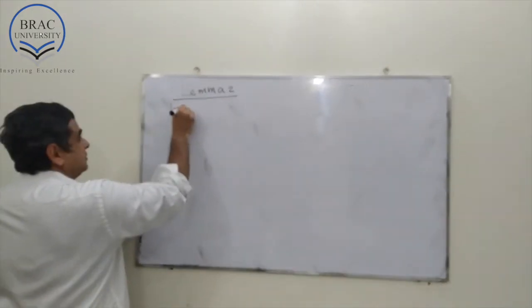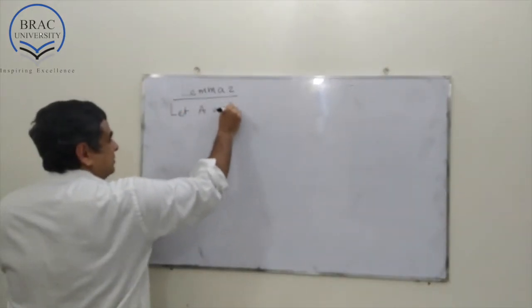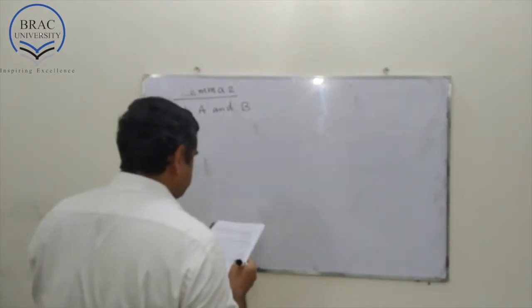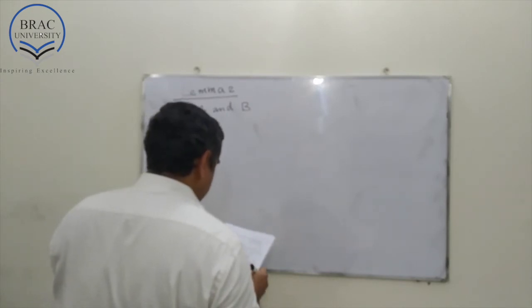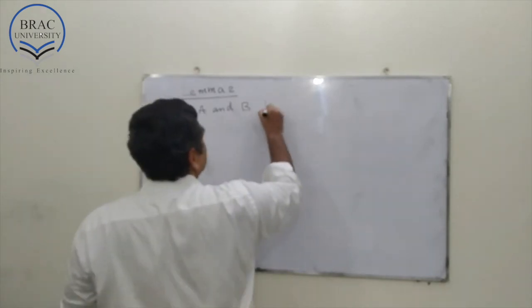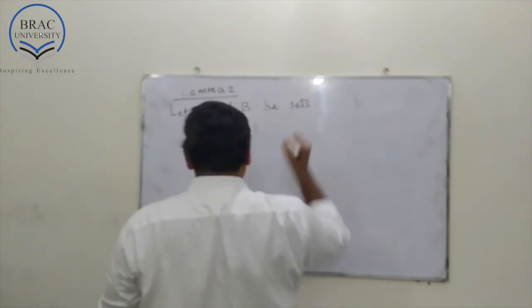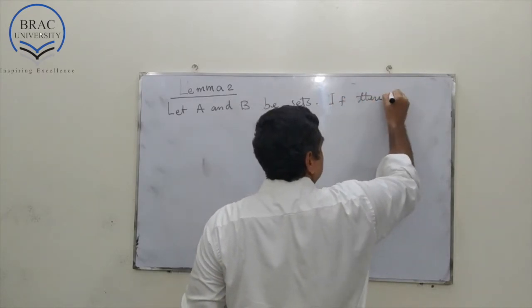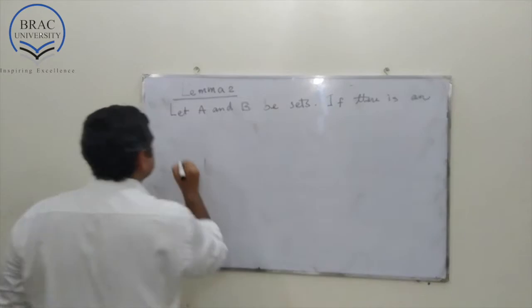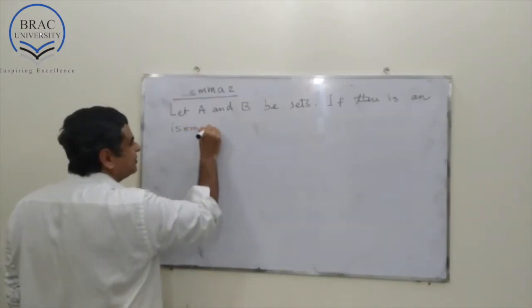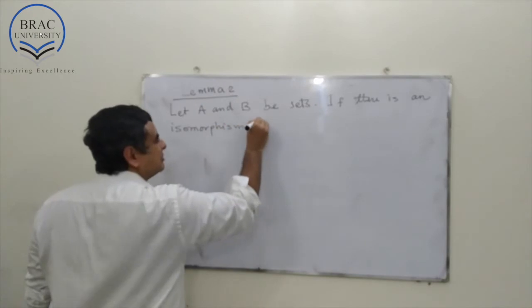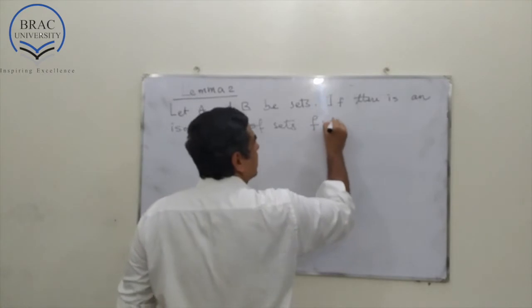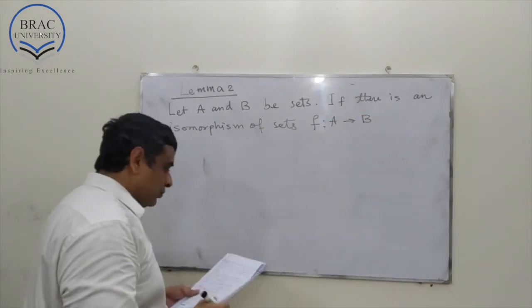Let A and B be two sets. If there is an isomorphism of sets, F is the given isomorphism between these two sets.